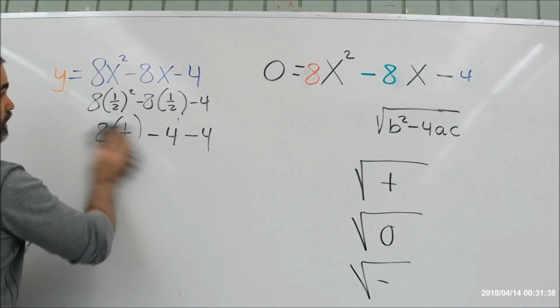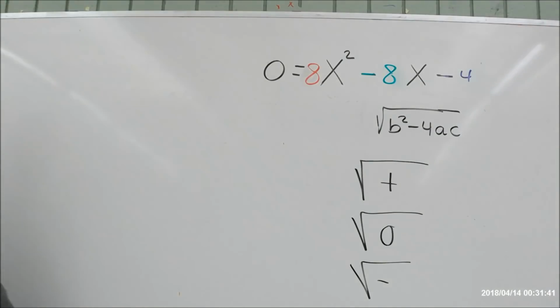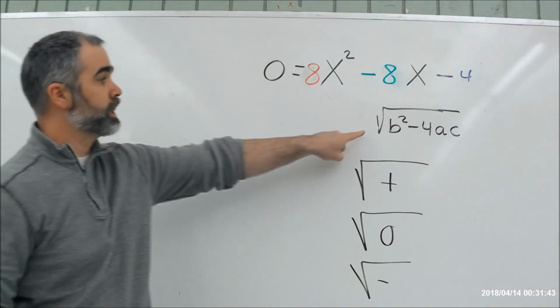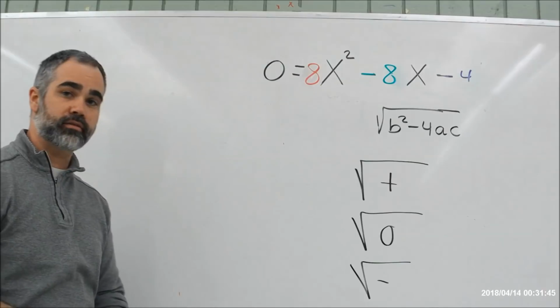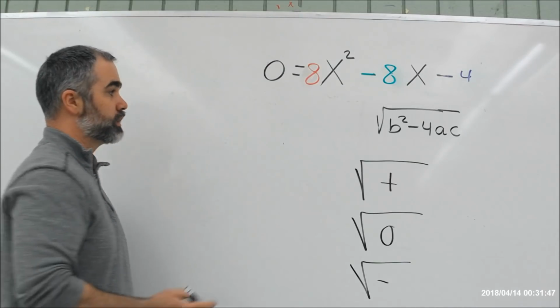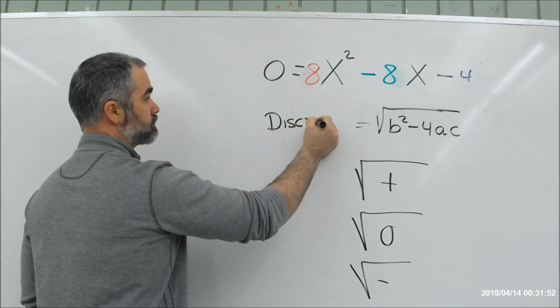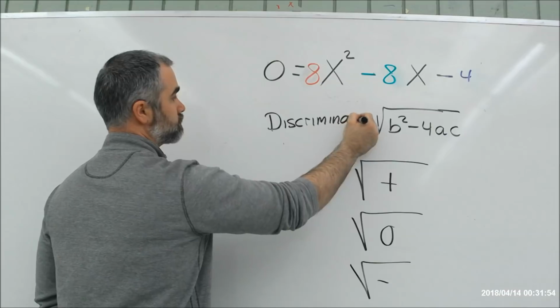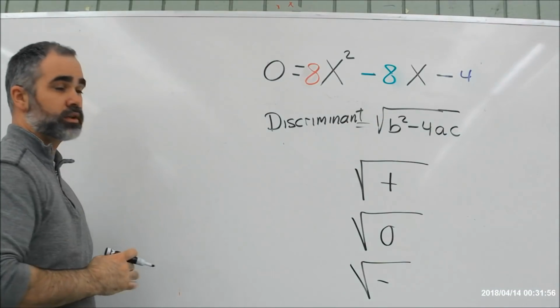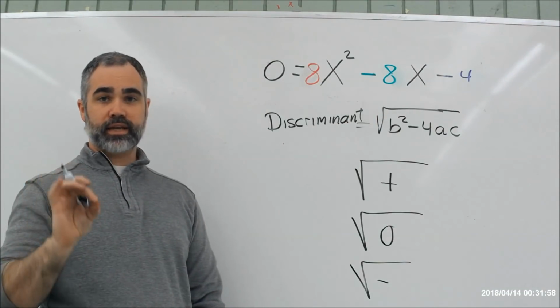If you want to know an interesting thing about your parabola, you can tell just from this part of it how many x-intercepts it will have. This part is called the discriminant. The discriminant tells me how many x-intercepts I've got.